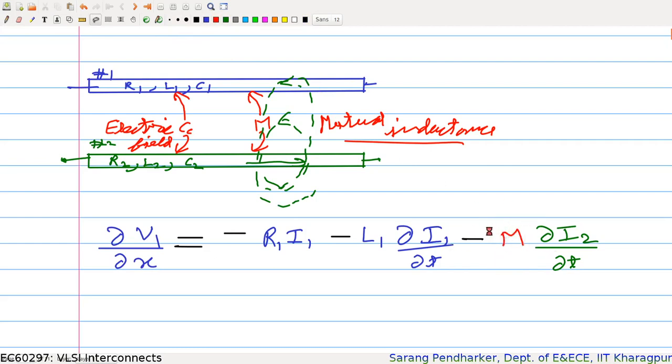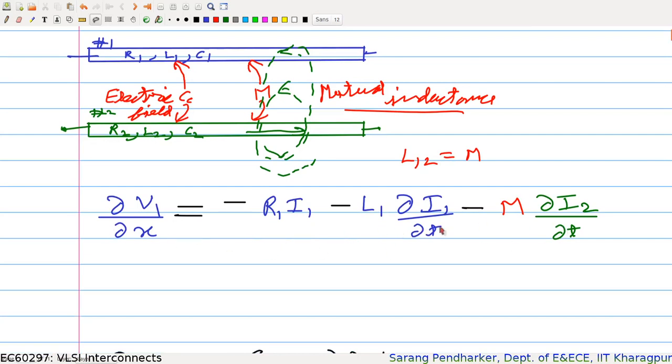I am writing this as M. In some of the papers you will find it written as L12. So L12 would be equal to M. In some papers you will find L12 written for the same thing.